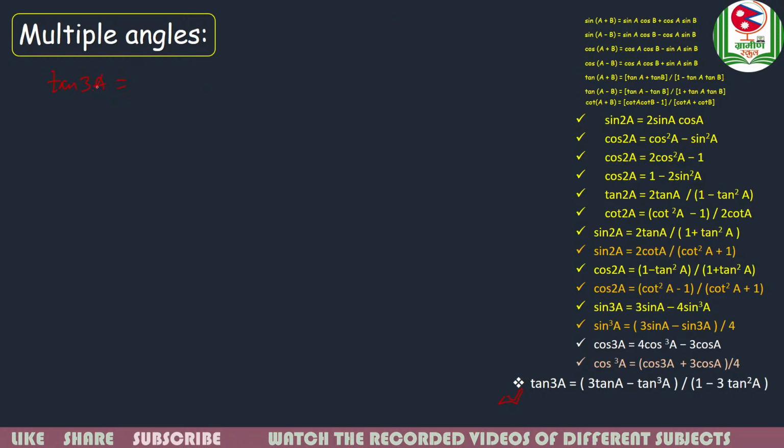So we will express this 3a in the form of 2a plus a, that is tan 2a plus a, and now we will write this tan 2a plus a in the form of tan a plus b. So it is going to be tan a plus tan b, divided by 1 minus tan a into tan b.